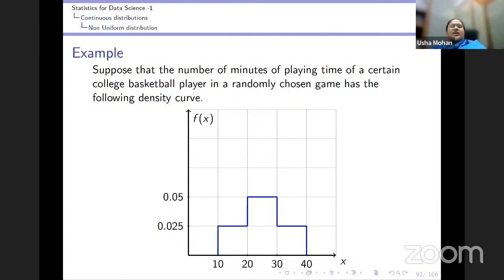See, for example, let's look at this. Suppose I'm looking at the number of minutes of playing time in a randomly chosen curve, of a certain basketball player. Now, what does this tell you?